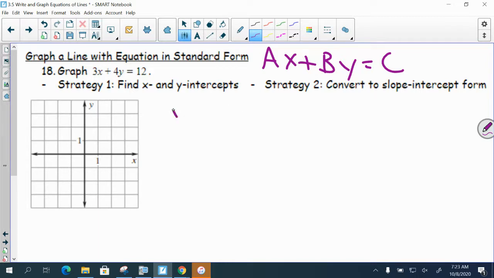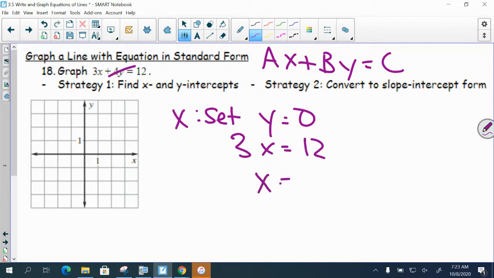To find the x-intercept, you cover up the y, remember? So set y equal to 0. Then the 4y would cancel and you'd get 3x equals 12. So x equals 4. So the x-intercept would be 4, 0. 1, 2, 3, 4.